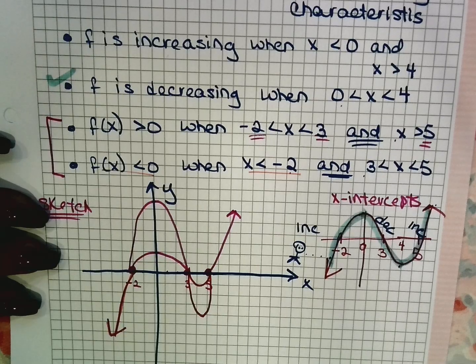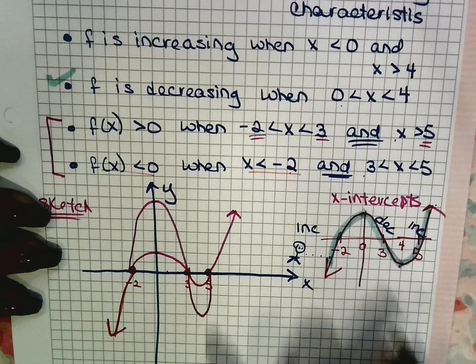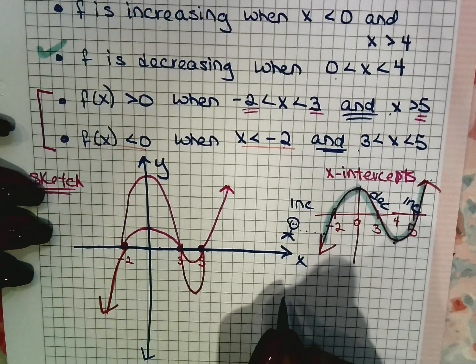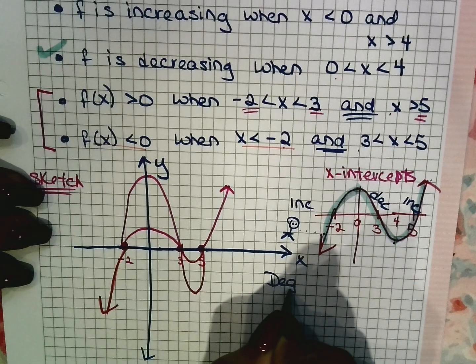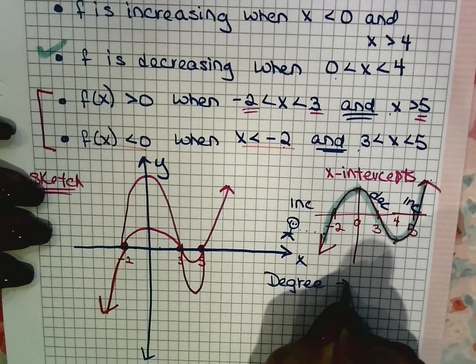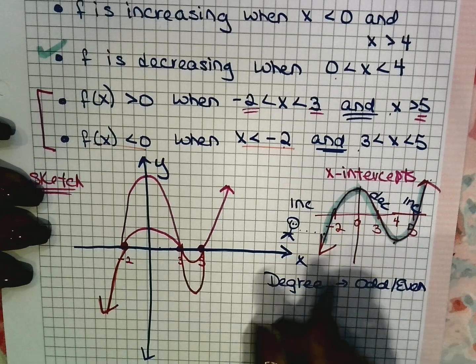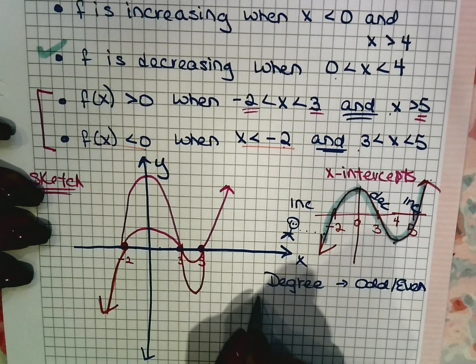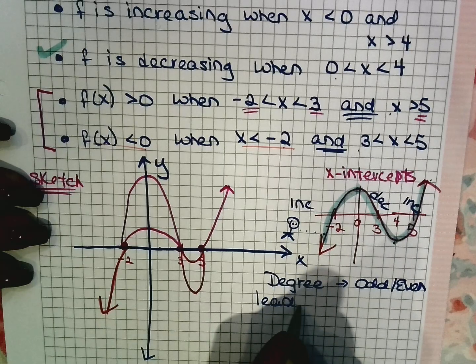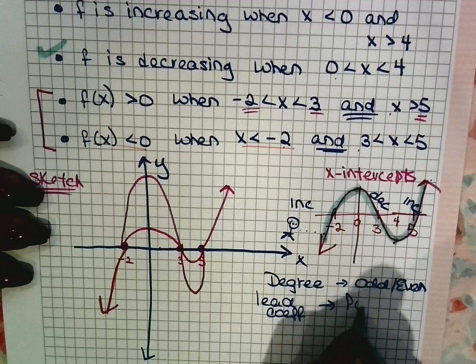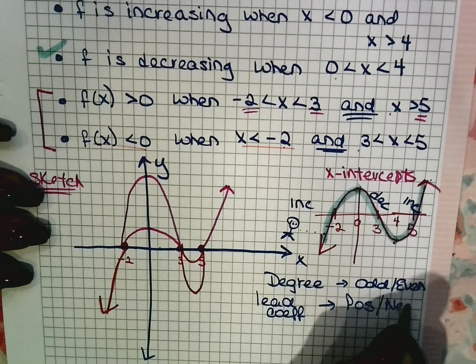Now, what they want you to do is, from this picture, tell them the degree of the polynomial, whether it is odd or even, and tell them what the leading coefficient is as far as it being positive or negative.